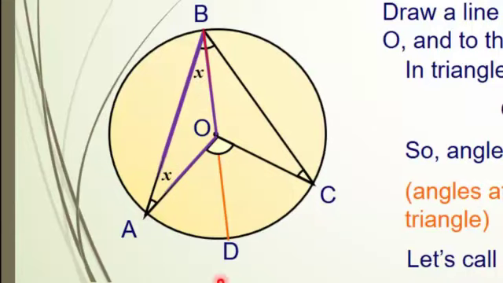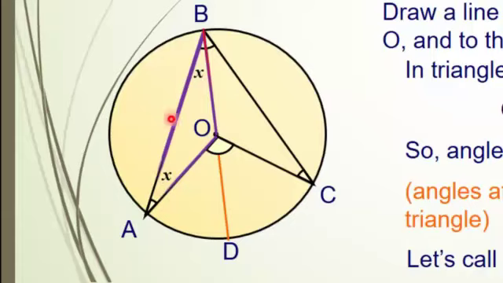The reason we are saying they are the same is that this one is a radius and this one too is a radius, so they form a triangle, making it an isosceles triangle. An isosceles triangle has two of its angles equal. So angle X and this are the same.